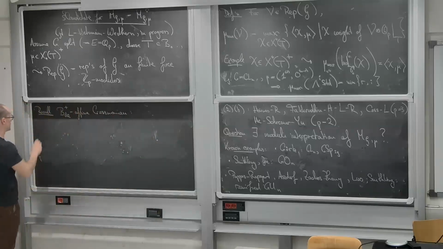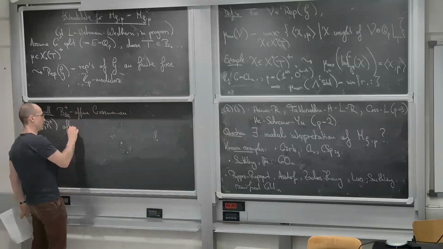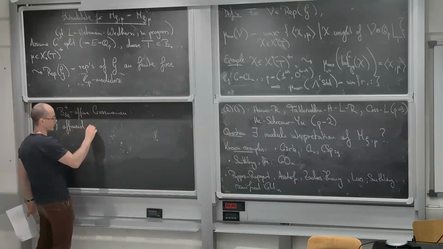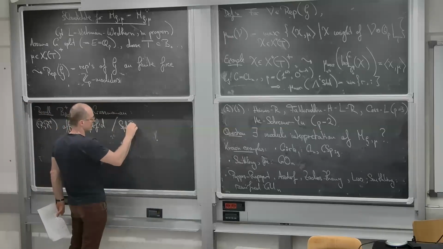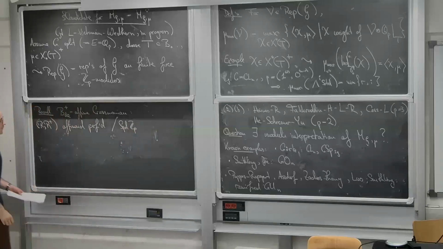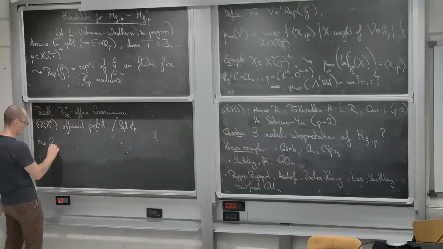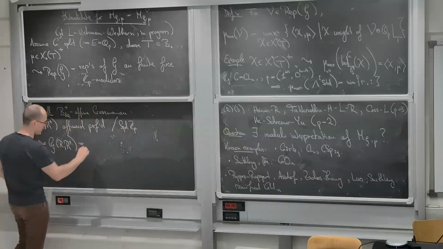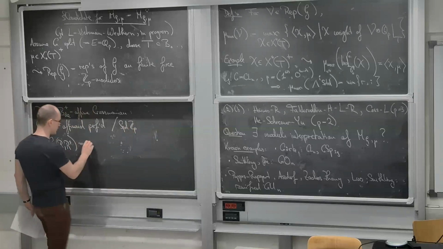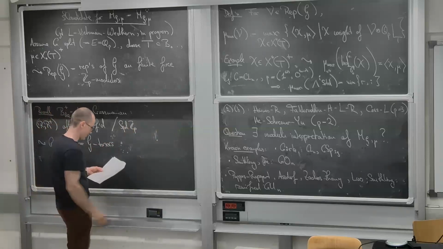So for perfectoid S over Z_p diamond, this parameterizes curly G torsors.